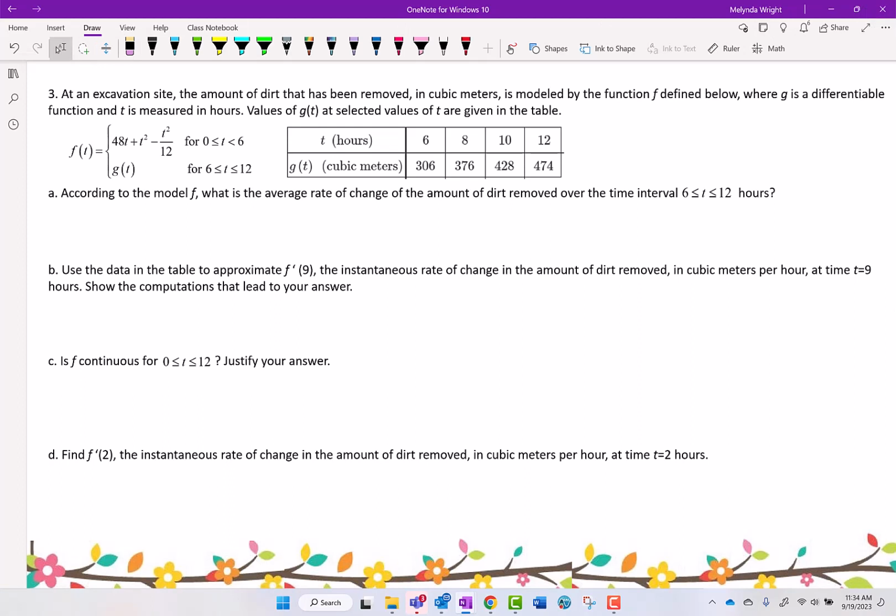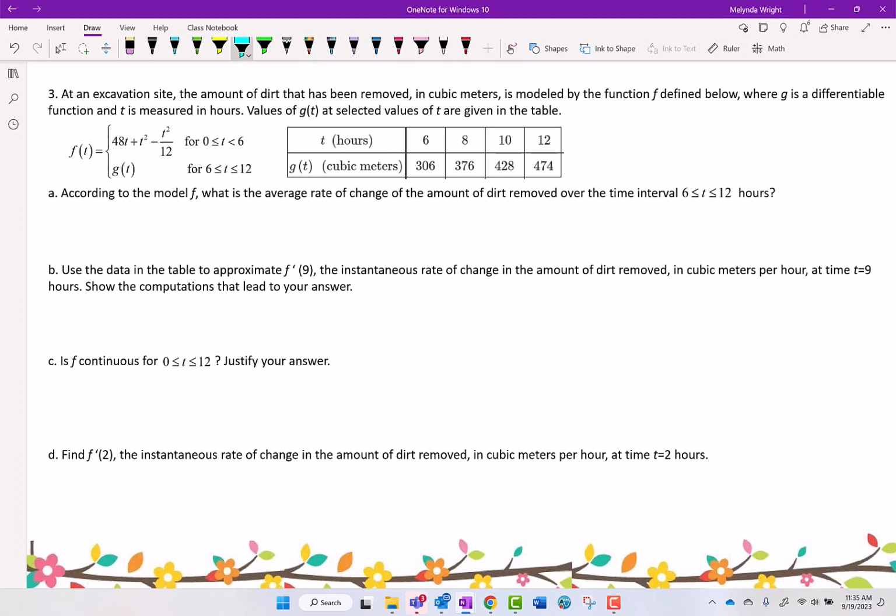Okay, so we have an excavation site. The amount of dirt that's been removed in cubic meters is modeled by that function f. And okay, great. So g is a differentiable function. Let's underline these things. What they're telling us might not be important right now, but it probably is going to have some importance later.